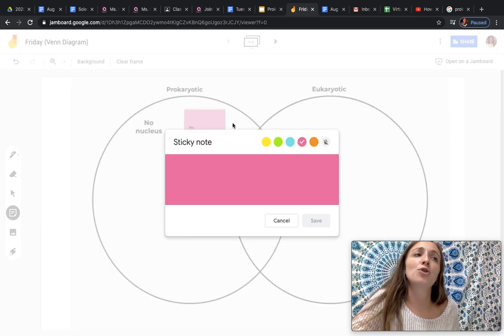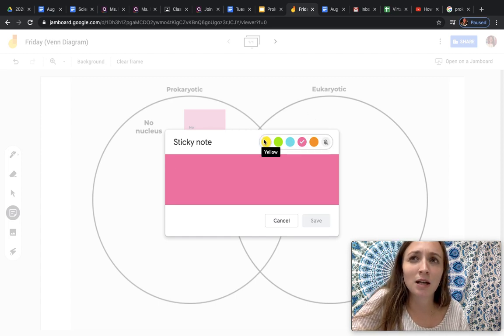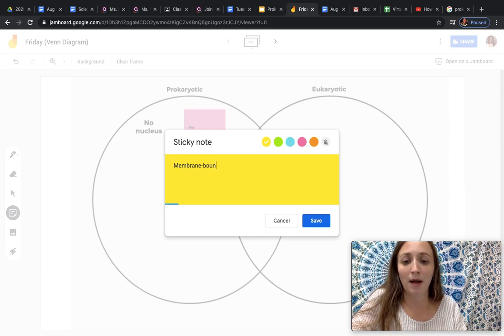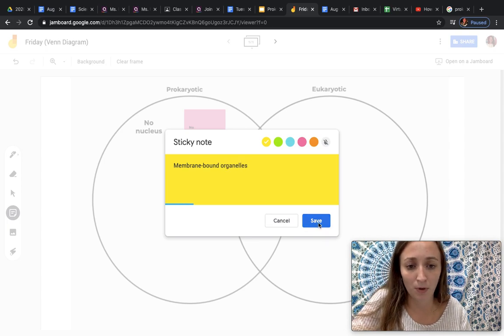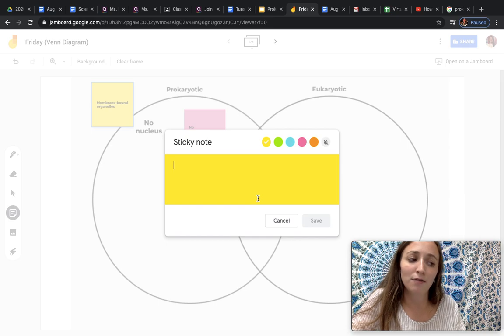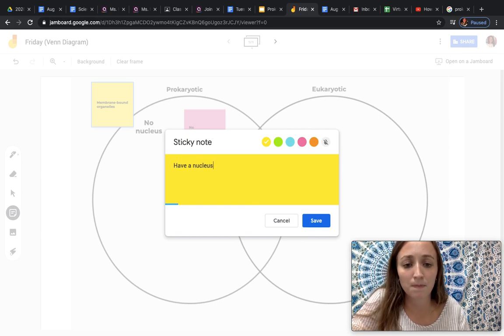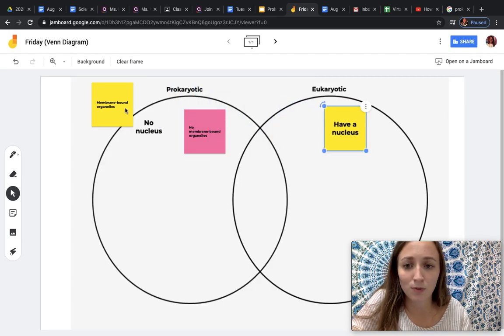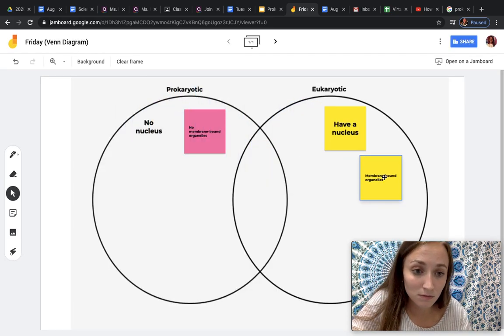So we remember U rhymes with do. So what does that help us remember? They do have membrane-bound organelles, unlike the prokaryotic. And they also do have a nucleus. Awesome. Again, make sure you drag it over to where it belongs.